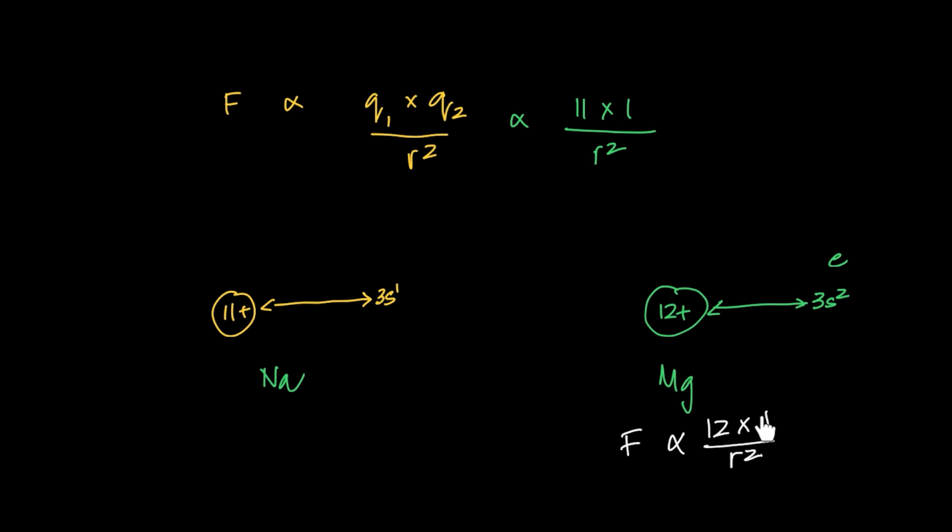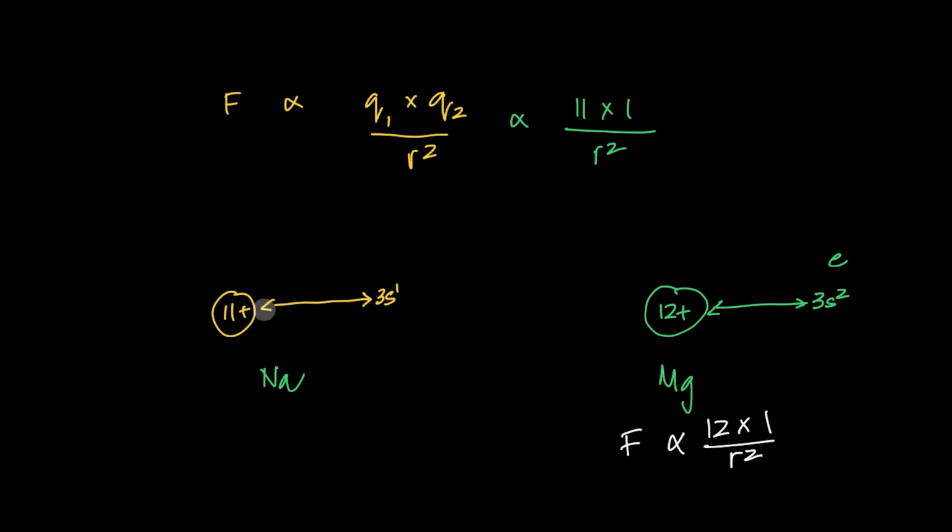Magnesium's will be about 9 or 10% more, because 12 times 1 is 12 and 11 times 1 is 11. So magnesium has the greater force of attraction. Use that idea not exactly mathematically, but just relatively.